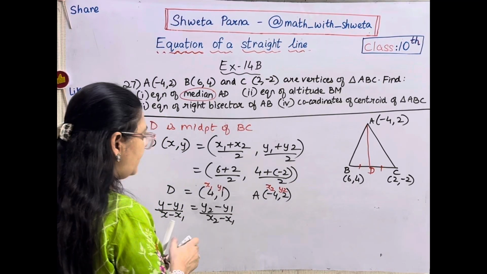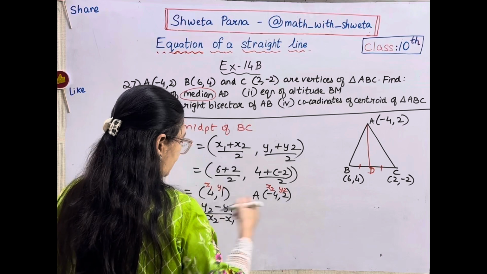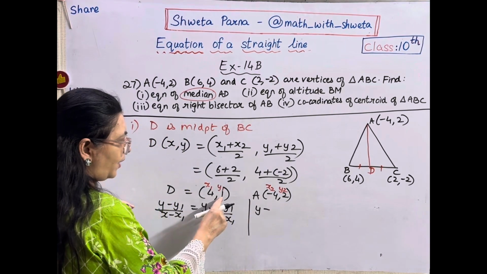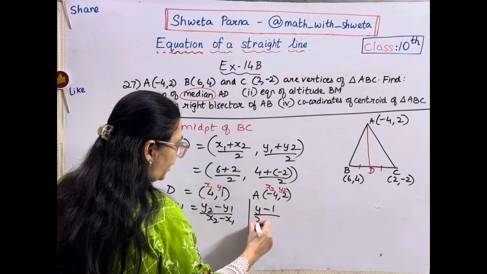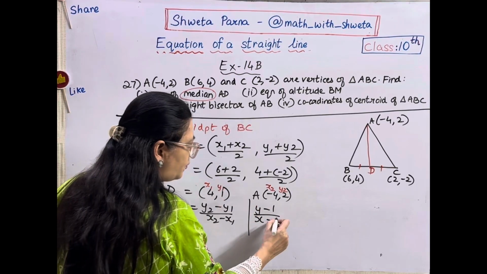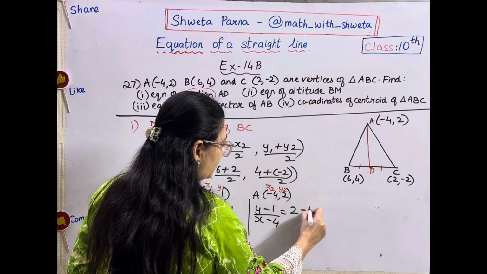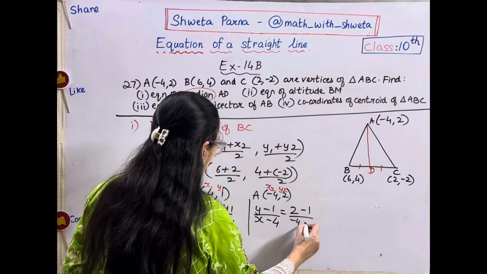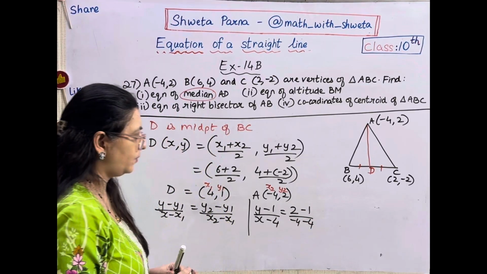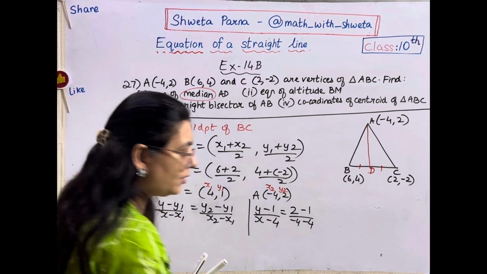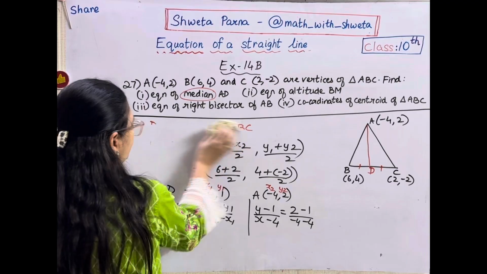Let's solve this. So y minus y1, y1 is 1, upon x minus x1, x1 is 4, is equal to y2 is 2 minus 1 upon x2 minus x1.